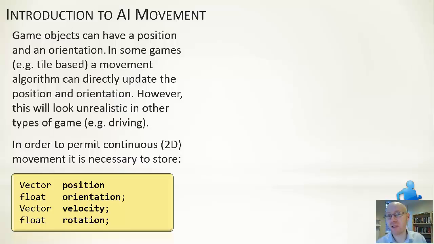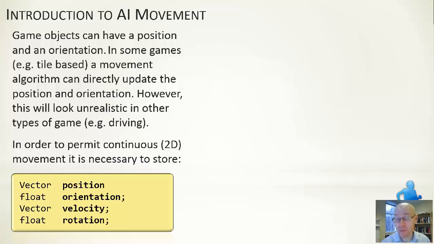The orientation is stored as a float, and we normally assume this is the number of degrees or radians that it is rotated around from some default reference point. It differs depending on convention. Sometimes, by convention, 0 degrees is pointing along the x-axis, or it can be pointing straight up the y-axis.